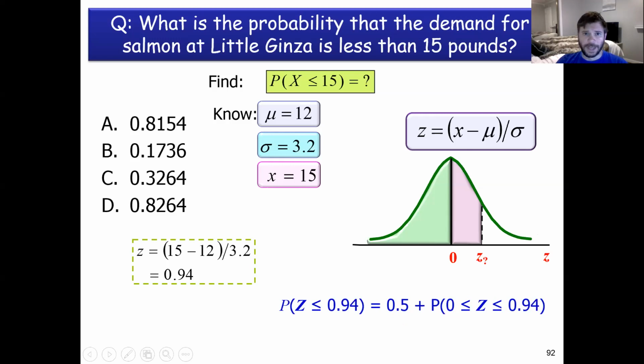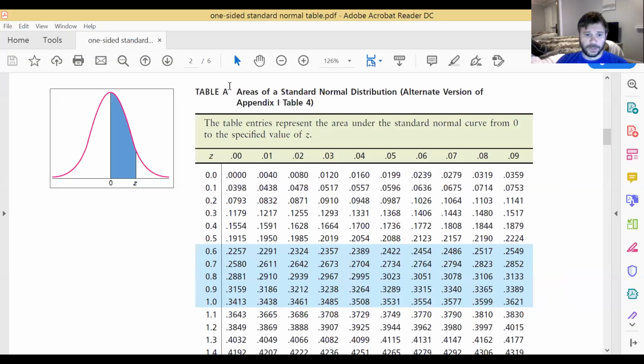Okay, so we'll go ahead and take a look at our standard normal table here, and we can find the value for 0.94. Note, here's the 0.9 row, here is the 0.4 column. So we can go down there and we see we get a value of 0.3264.